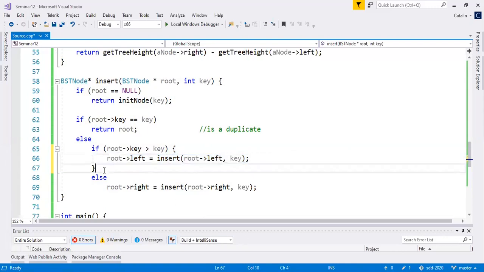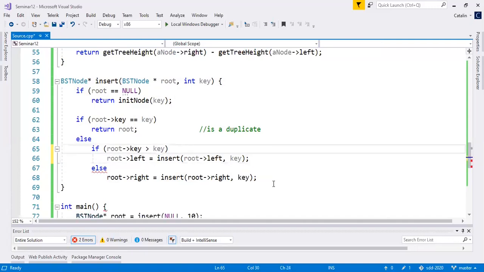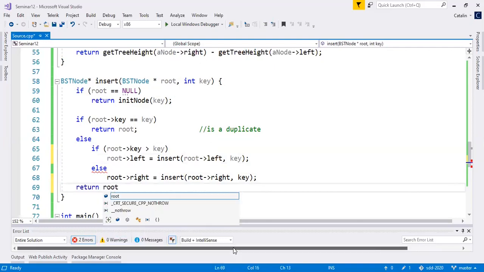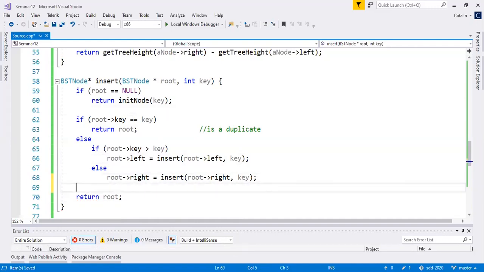Or instead of doing this return each time, return root. Okay, so if root key equals key, return the root, it's a duplicate, else go on left and right, and after that return the root. Now I think we can combine these two into one, because we return the same value here.